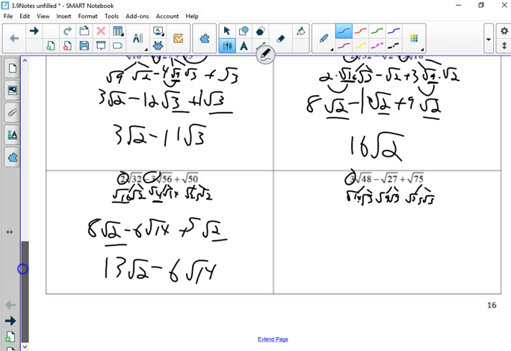So, square root of 16 is 4, times 3 is 12 radical 3. Square root of 9 minus 3 radical 3. Plus, square root of 25 is 5 radical 3. So 12 minus 3 is 9, plus 5 is 14.